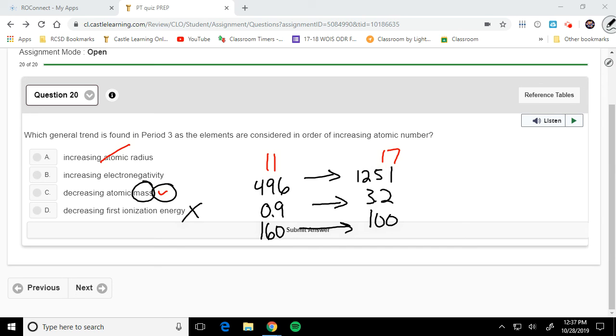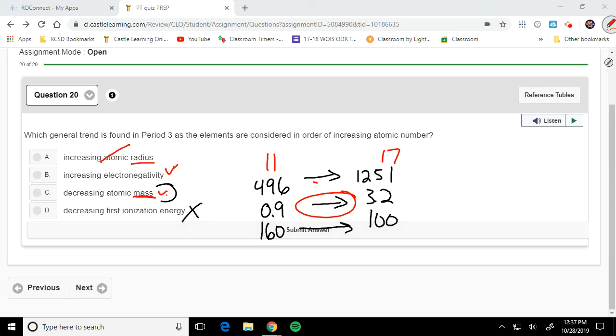This is where I want to model for you what would just happen in my head. I just had 2 answers that were potentially right. I was like, wait, increasing electronegativity, that definitely happens right here. And increasing atomic radius happens, but I thought both of them were atomic radius, but I had 2 check marks as possible right answers.